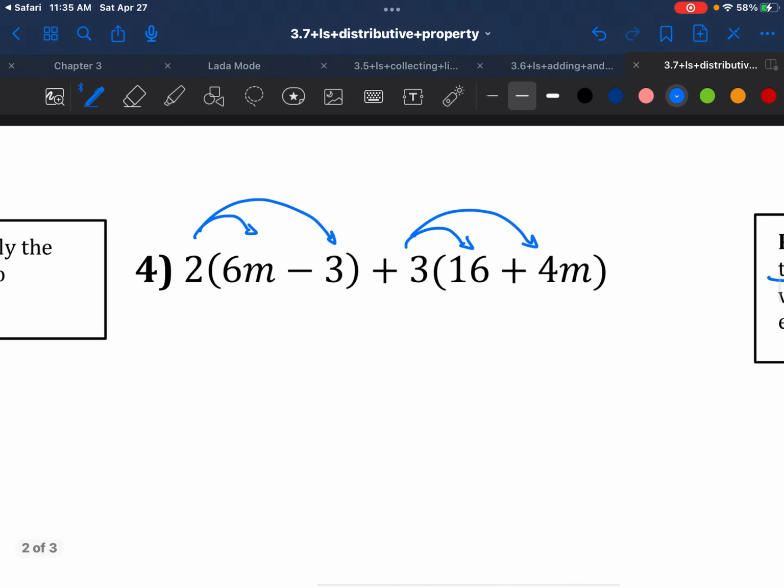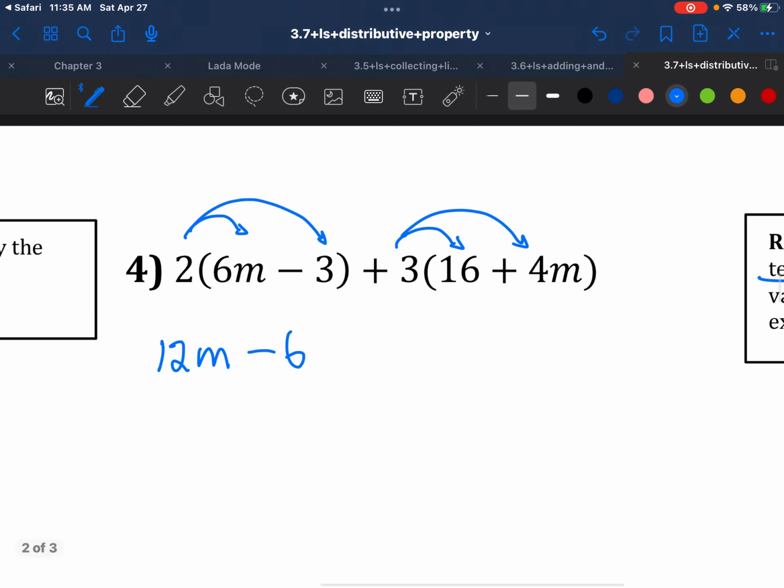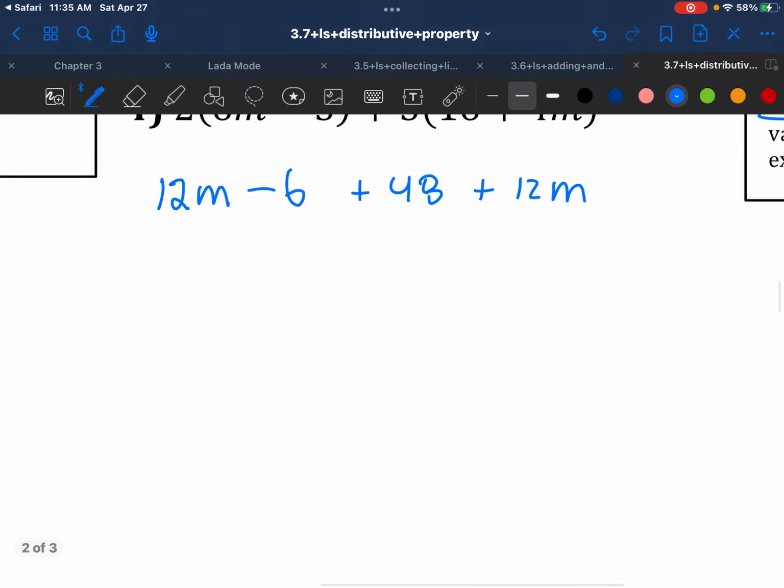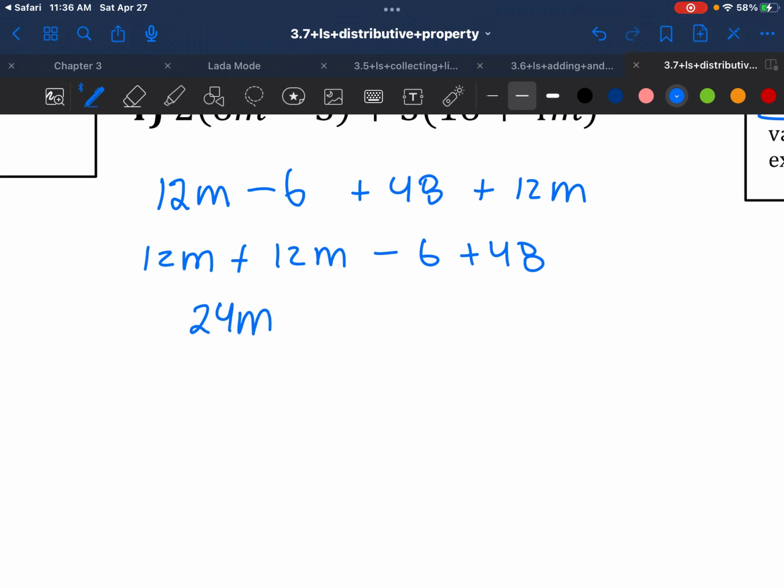So 2 times 6 is 12m minus 6. 3 times 16, hold on, I'm lost already. 3 times 16 is going to be 48, so plus 48 plus 12m, and then let's arrange: 12m plus 12m minus 6 plus 48, and then we're going to get 24m plus 42.